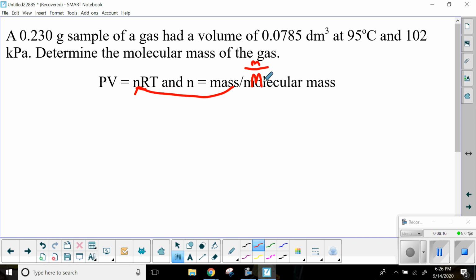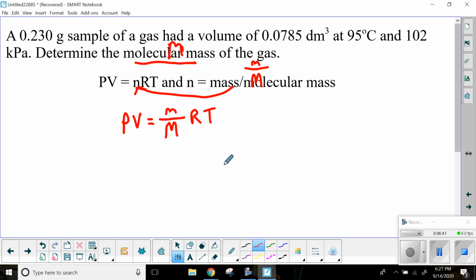Molecular mass is just that value you'd get off the periodic table when you add the masses of the elements together. So I'm going to rewrite this now as PV equals little m over big M times the universal gas constant times temperature. The goal is to find the molecular mass, big capital M.